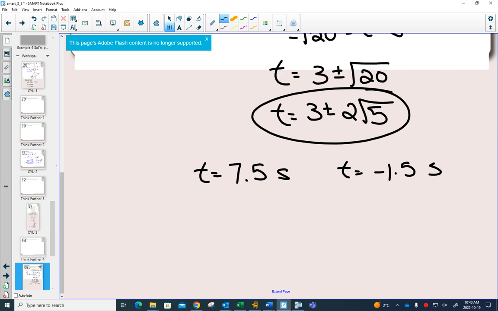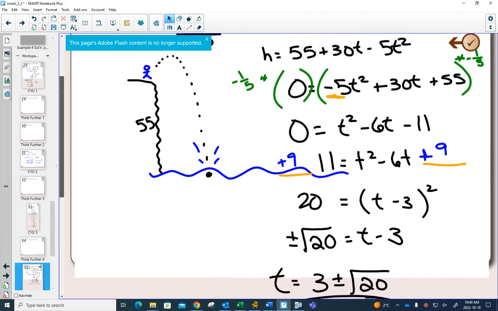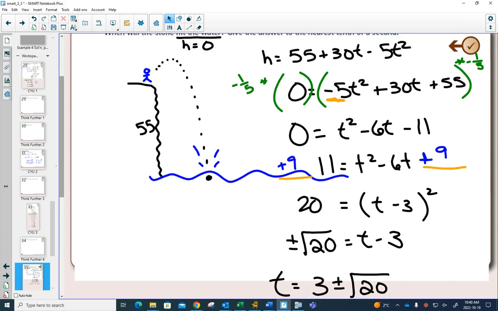And because this is a word problem, we should analyze what these answers mean and what we were trying to solve for. Answer number 1. We were trying to solve for how long it takes the stone to hit the water. Answer number 1 says you throw it in the air and 7.5 seconds later it hits the water.